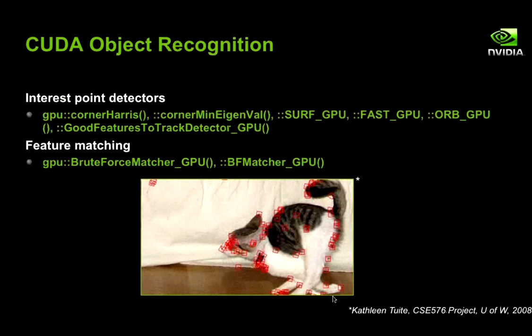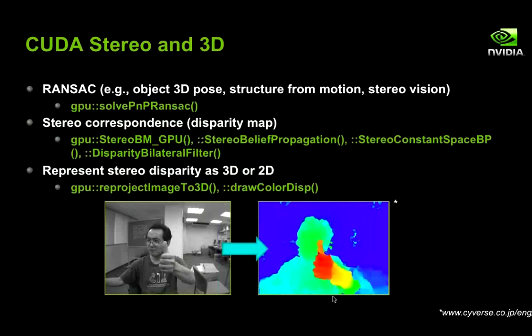And then there are also the standard interest point detectors like Harris, SURF, FAST, ORB, or good features. There are also functions available for matching these features. After matching, for example, two sets of interest points in two images, you might also want to compute the 3D structure or pose of an object in the scene, and the standard RANSAC algorithm is available for that.